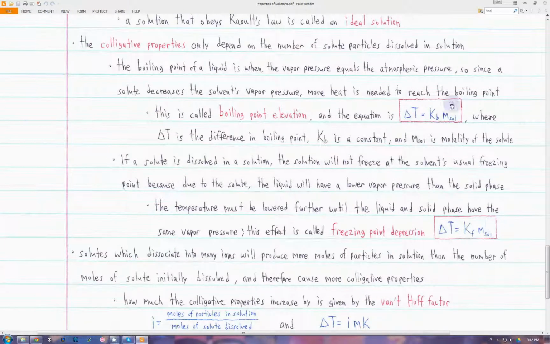These equations are only for solutes that don't split up into multiple particles. Remember, like in the last example, that sodium sulfate split into 3 ions when dissolved in solution. So when we have a case like that, we have to modify this equation.